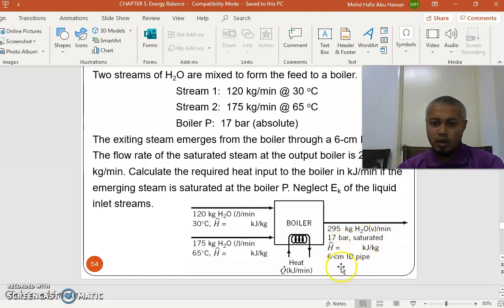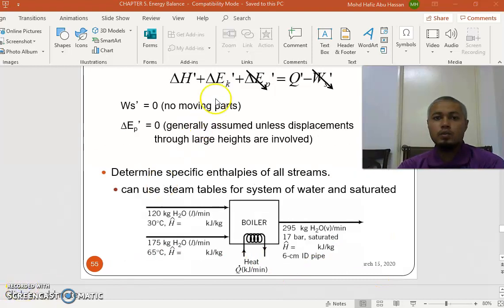And then we also have the 6 cm ID pipe, where we can find the area of the pipe later on.